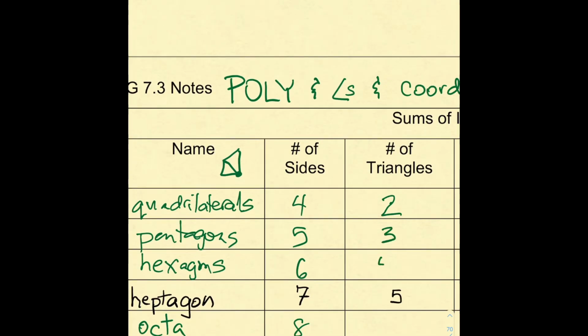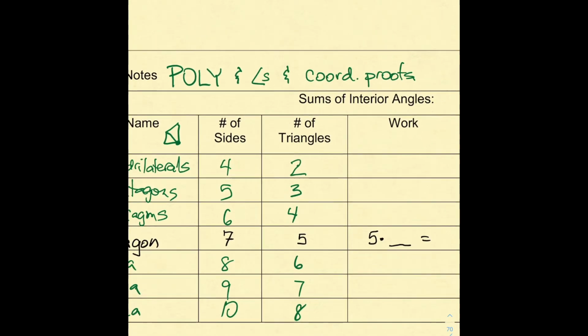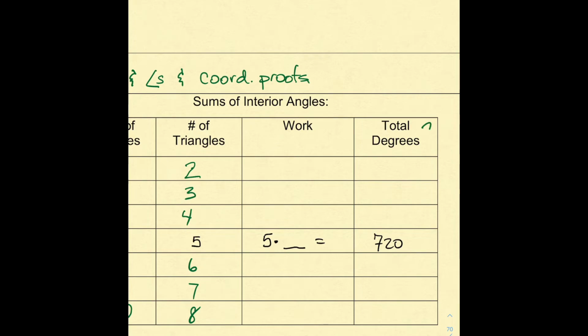Pentagon, 3. Hexagon, 4. Oh, what's happening each time? We are subtracting 2. Why are we subtracting 2 every time? Hopefully you can see a reason there. How do I get the total degrees? This would be the sum of the degrees in each triangle.